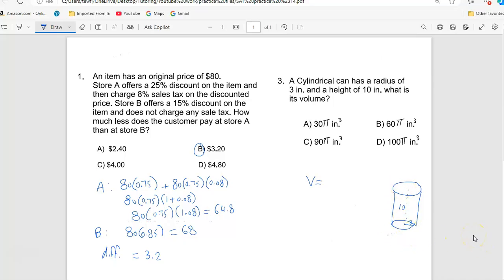So it's pi r squared times h. That is the formula for the volume. Pi r squared, r is 3 squared, times the height. What is the height? Height 10. So we have pi times 9 times 10, which is 90. That's going to give you 90 pi cubic units, which is choice C.